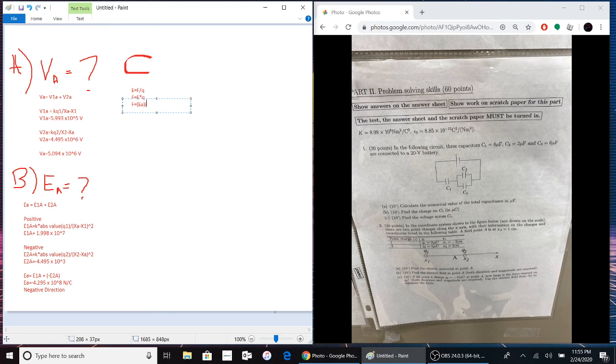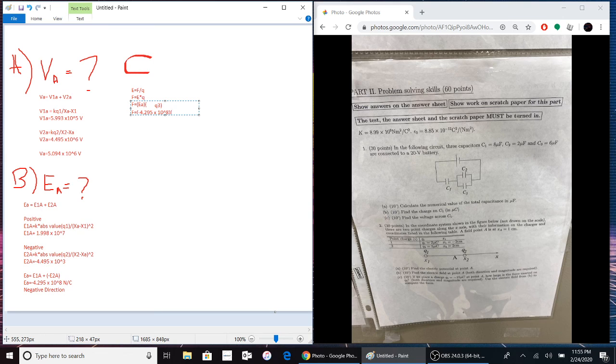Yeah, so that'll be Q3. F will equal what we got for EA in part B. So the negative 4.295 times 10 to the 8th.